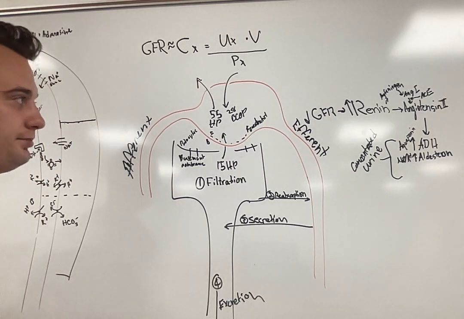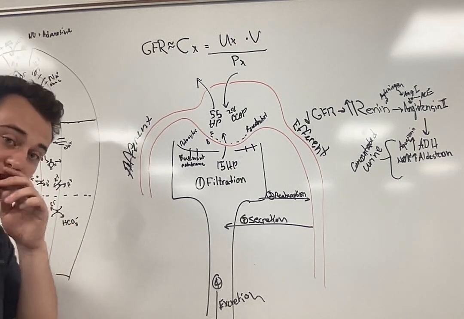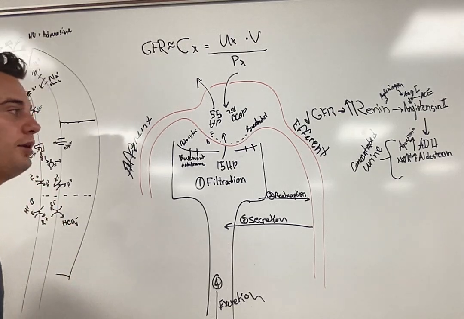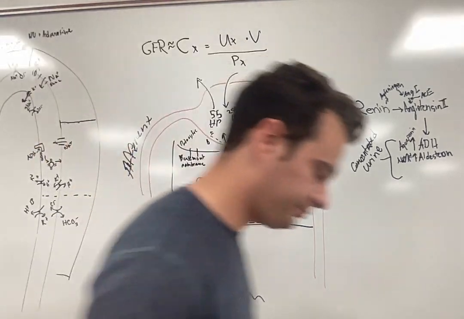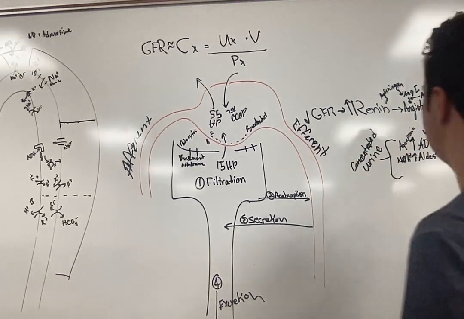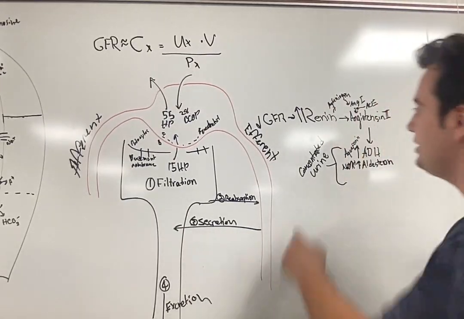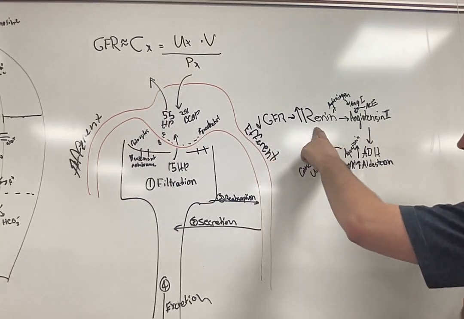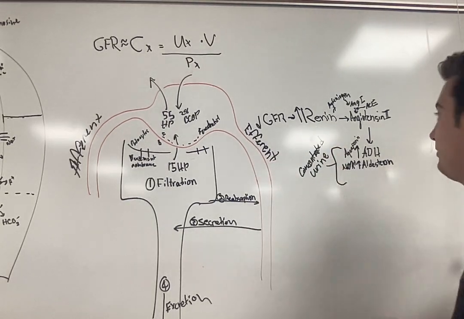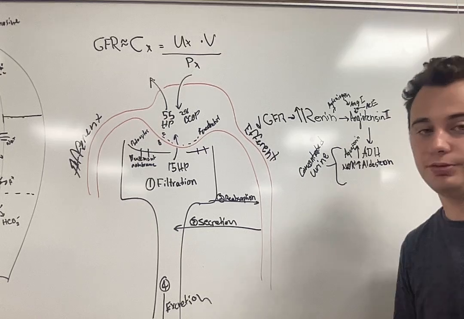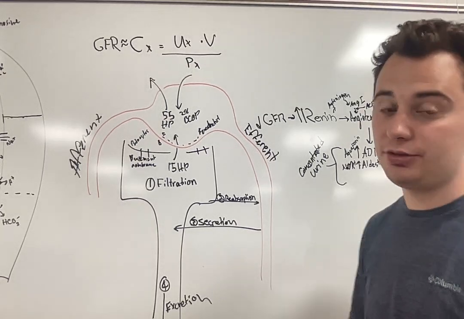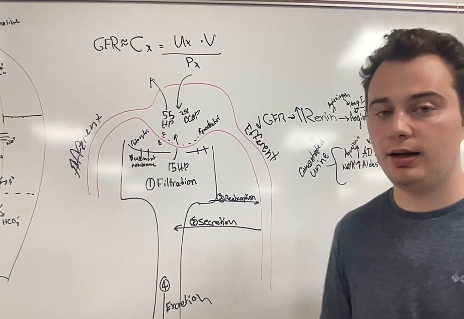And so we also learned that there's a chemical reaction when GFR is low. This is other stuff that I think is super cool. If GFR is low, then renin goes up. More renin, that renin turns angiotensinogen into angiotensin 1, which turns into angiotensin 2 via ACE.